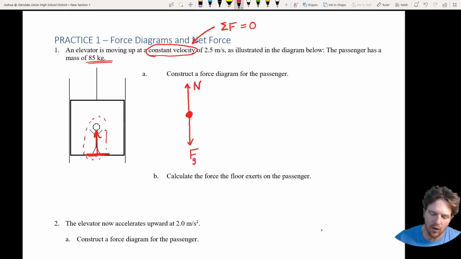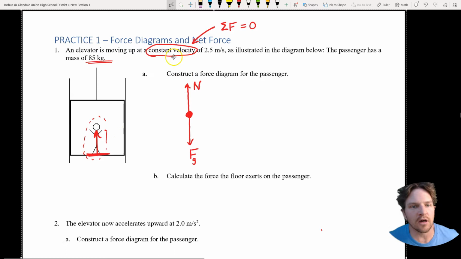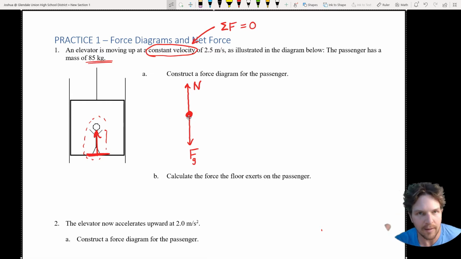Okay? Now, what do I know? I know because this thing is going at constant velocity, if these are the only two forces acting on this thing, then because the net force, the sum of those forces, is 0, these two, since they're going in opposite directions, must be canceling each other out. And you think about it, the only way mathematically that can happen is if they are the exact same size.